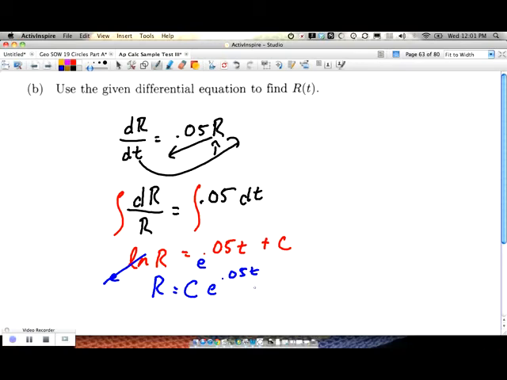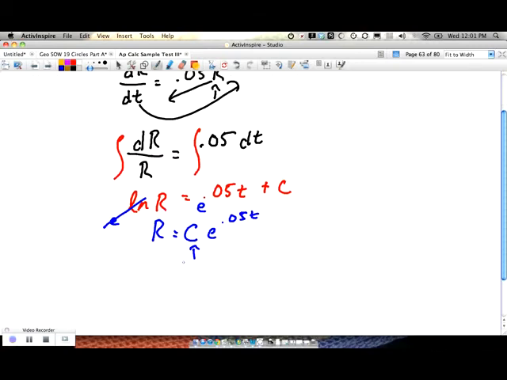So the only thing that we'd be missing is this constant that we're starting with. Well, that constant is the current amount that we have at t equals 0. Because if I plug in 0 here, R when t equals 0 is going to be equal to C times e to the 0.05 times 0, which is e to the 0, so that's just 1.